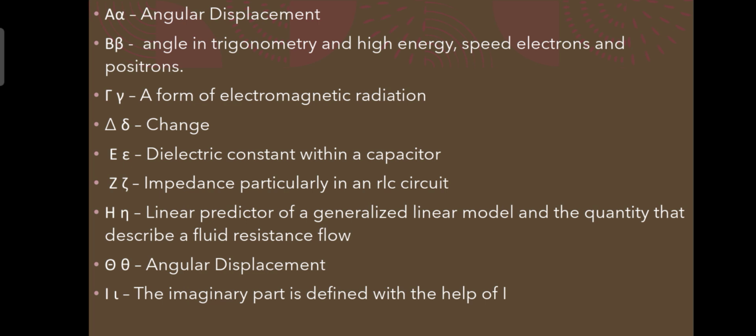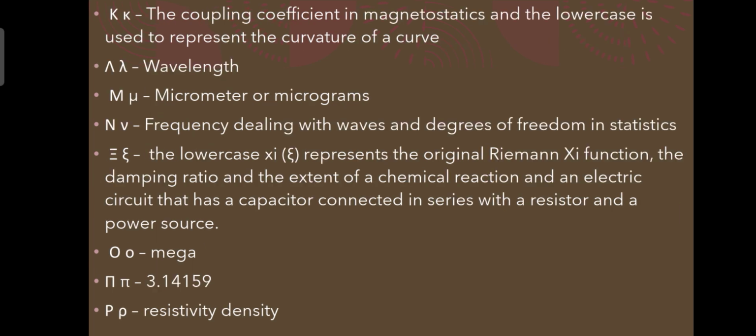Theta, angular displacement. Iota, the imaginary part, is defined with the help of i. Kappa, the coupling coefficient in magnetostatics, and the lowercase is used to represent the curvature of a curve. So kappa is that. Now lambda is wavelength. Mu is micrometer or microgram.